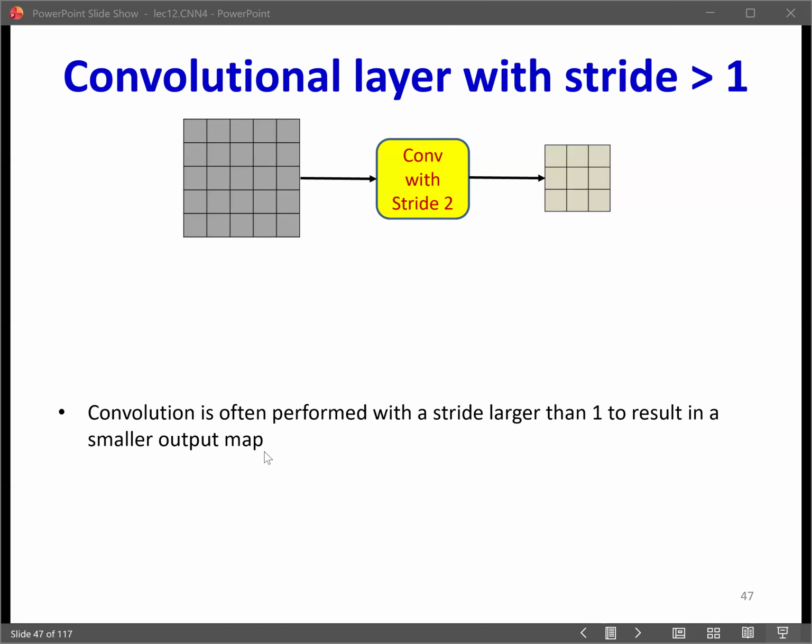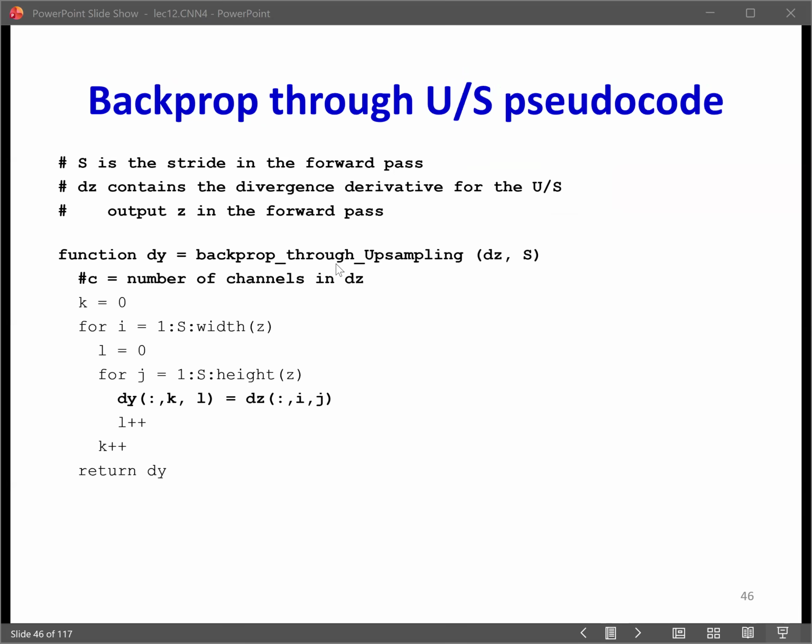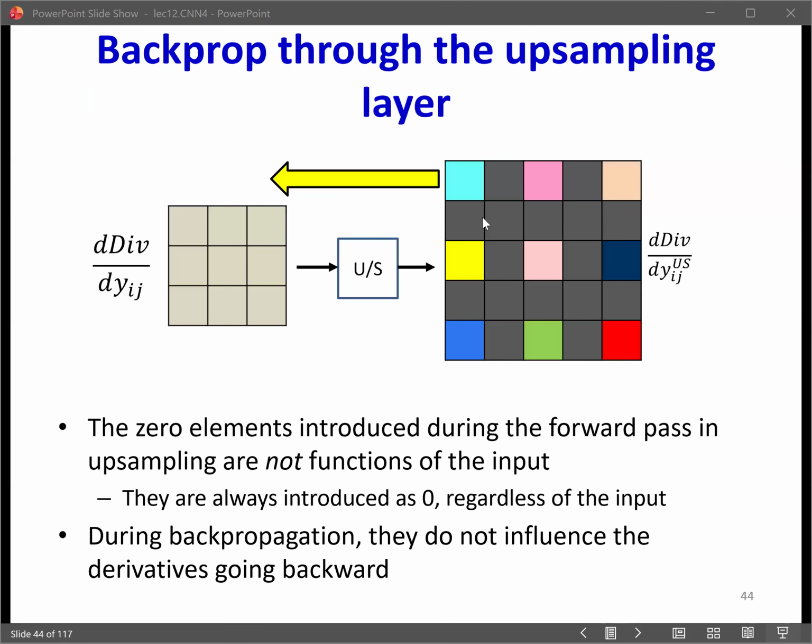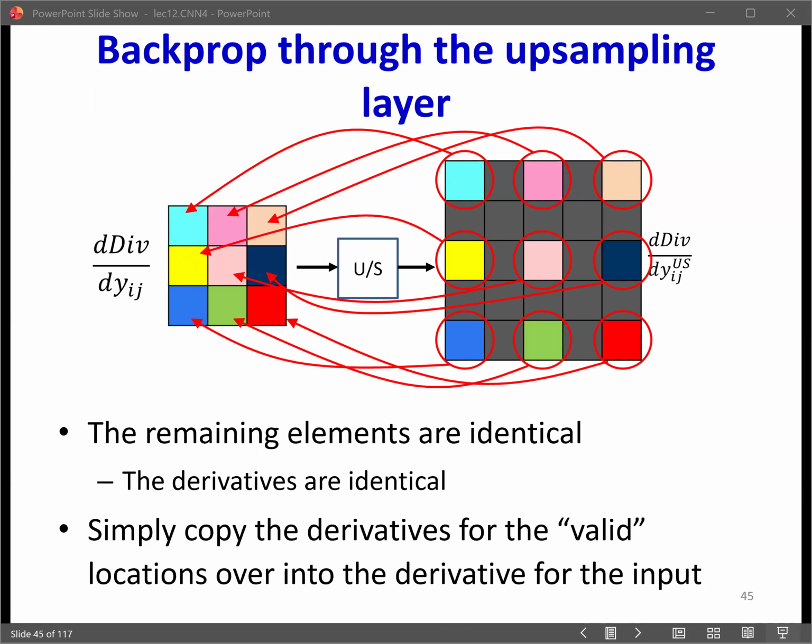Now, in reality, when you actually perform downsampling after an operation, you don't perform the full operation and then perform downsampling. That would be a lot of unnecessary computation. These zeros are only used further downstream, right, Yvette?